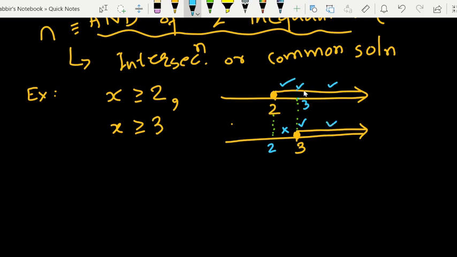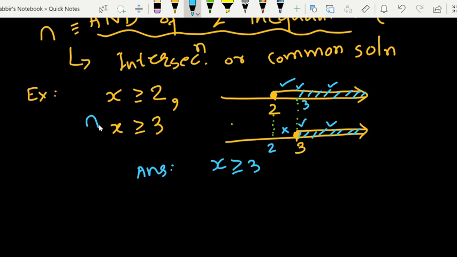So this blue line set of solutions is common to both, and that is the answer: x greater than equal to 3. The intersection of x greater than equal to 2 and x greater than equal to 3 is x greater than equal to 3 only.